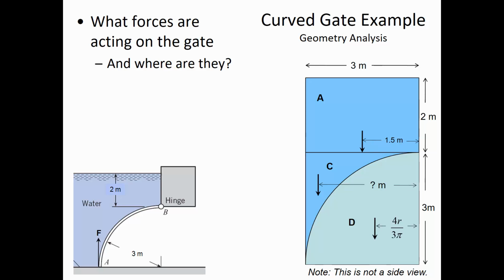So over here, we've said we'll break it up into the rectangular component and then this curved shape. And that's the volume of the water, so we can calculate the weight of the water. I'm going to call it force C: that 7.726 cubic meters multiplied by 9810 newtons per meter cubed.